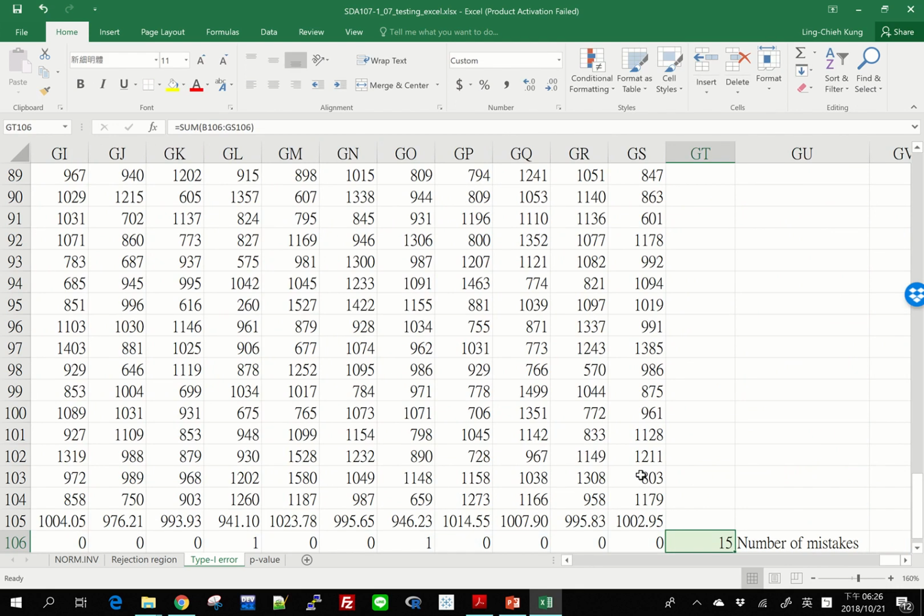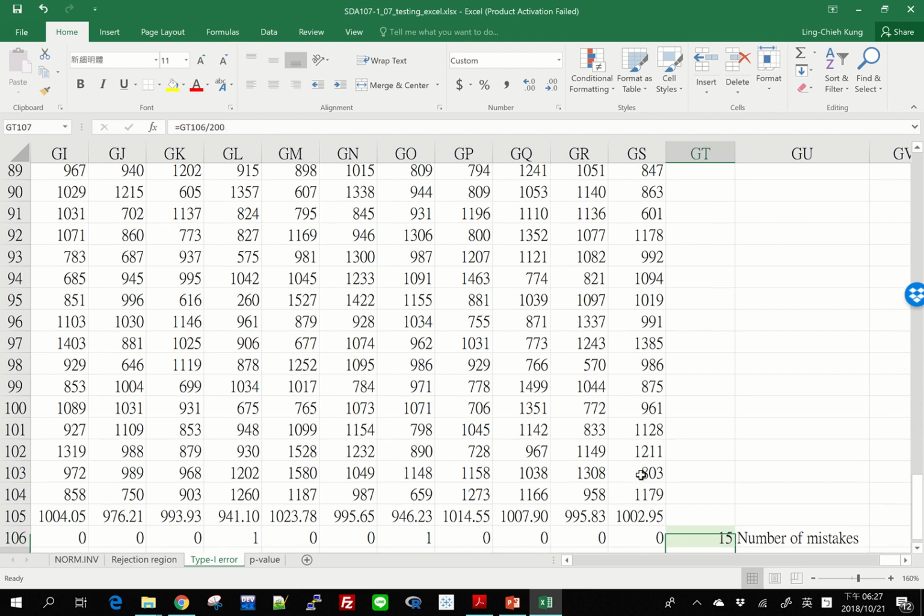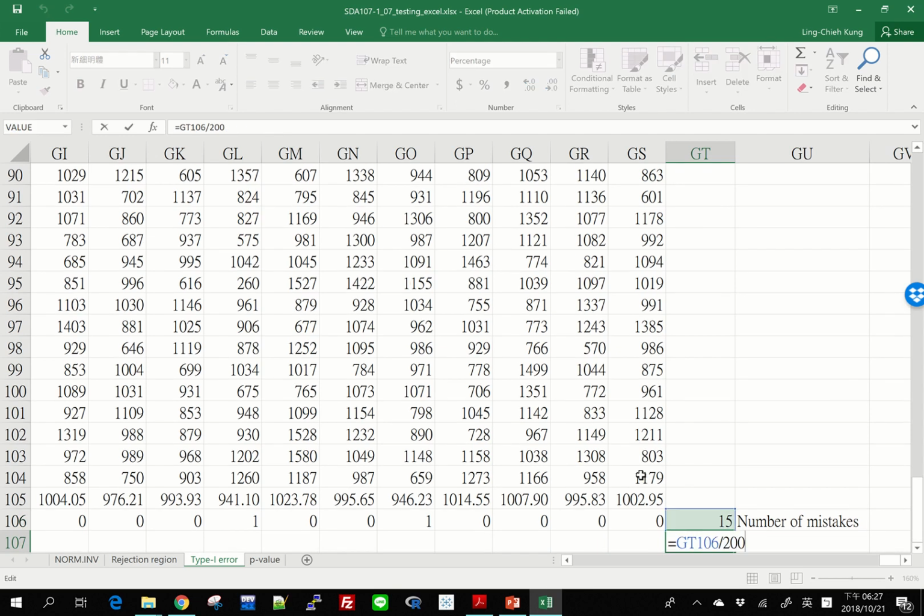Because we have a bunch of zeros, some ones. If we have the sum here, that is the number of type 1 errors we make during those 200 experiments. Or if we divide that number by 200, then that's exactly, for each random sample, the probability for me to make that mistake.